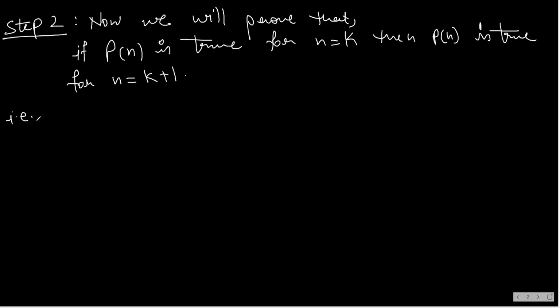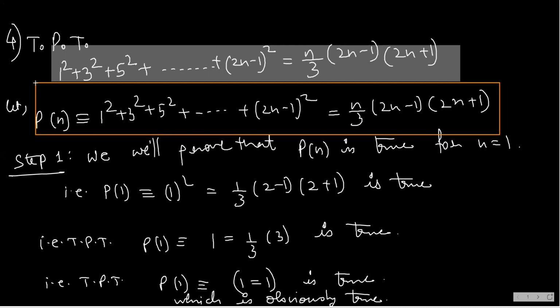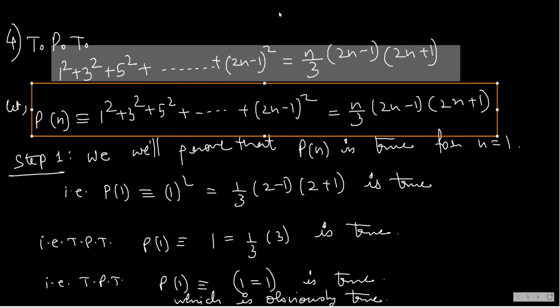That is, we will assume that P of k is true. What is P of k? Tell me. P of k will be, just put n as k in this proposition. That's it. That is all.